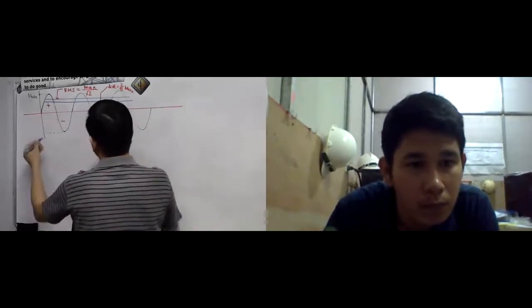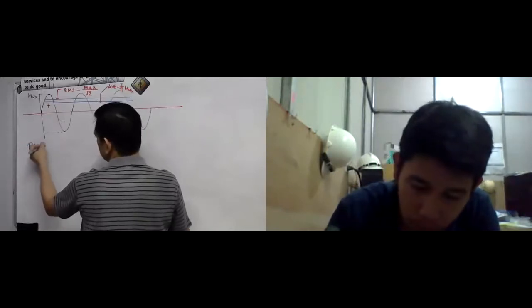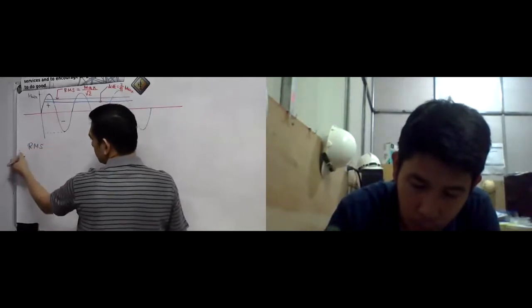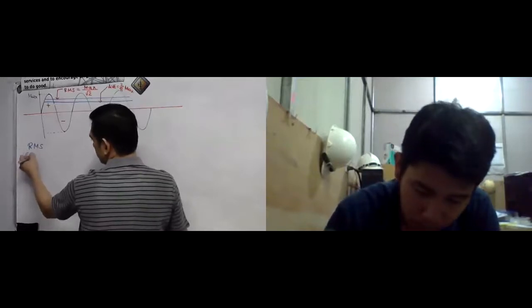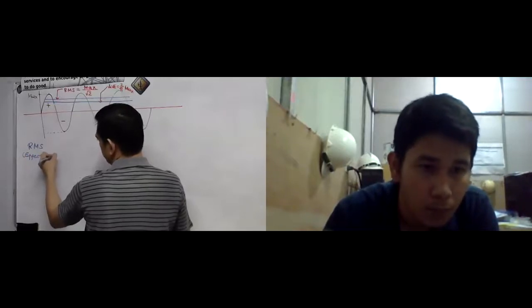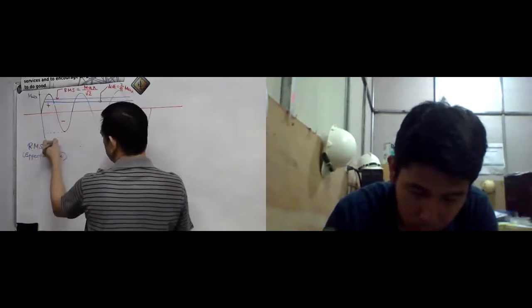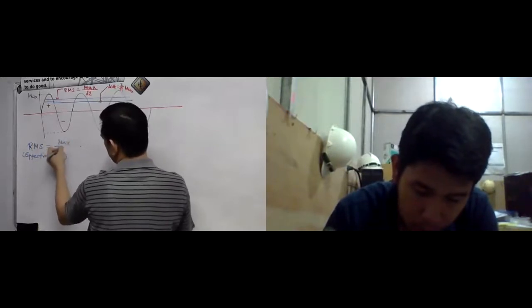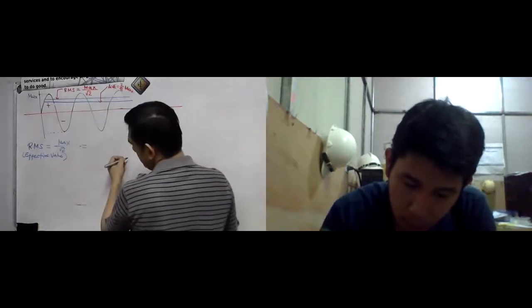Okay. So again, we have here our root mean square, or this is actually the effective value. So that is equal to the maximum value over square root of 2. So in decimal, this is actually 1 divided by square root of 2.